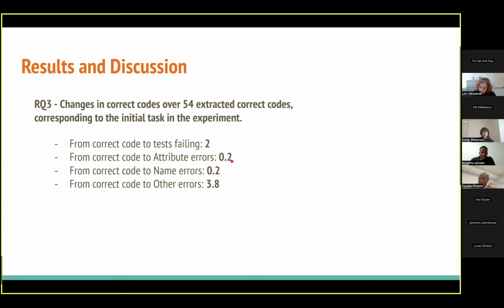After executing our process on the correct code, we saw a mean of 0.2 name errors and other errors 3.8, meaning that our process does not really insert many errors.